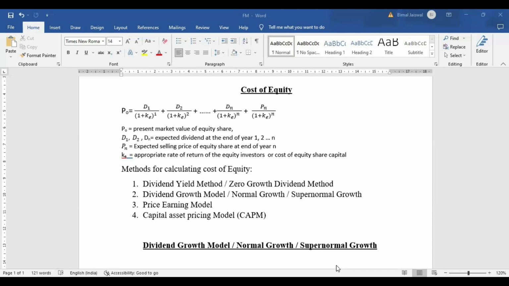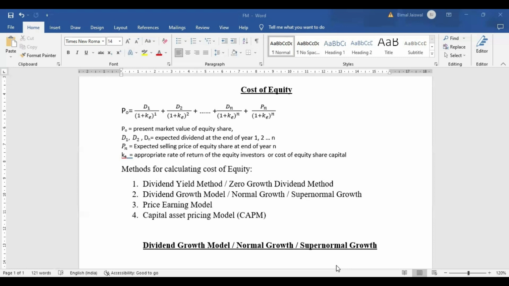This model, the dividend growth model, considers an allowance for growth of dividend in future, which is added to the current dividend yield. That means whatever the amount of current dividend yield that we have, we add the growth rate to it for calculating the amount of dividend for the next financial year or future year. And every year the growth rate will be added to the current dividend rate just to get the future amount of dividend.